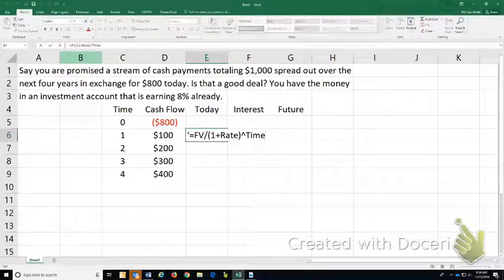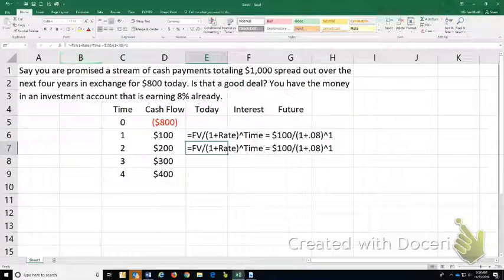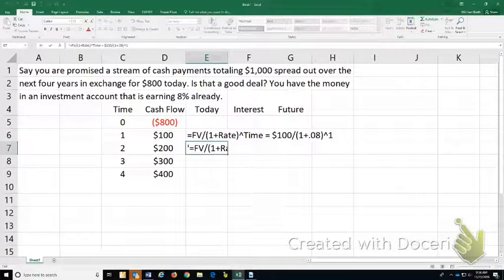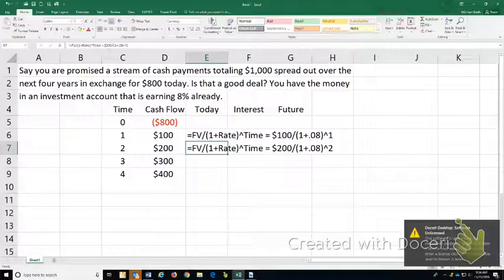And for this 1 year period, it'd be $100 divided by 1 plus 0.08, or 8%, raised to the first power. For the second one, it would be $200 divided by 1.08 to the 2. That means I'm going to earn interest on interest.